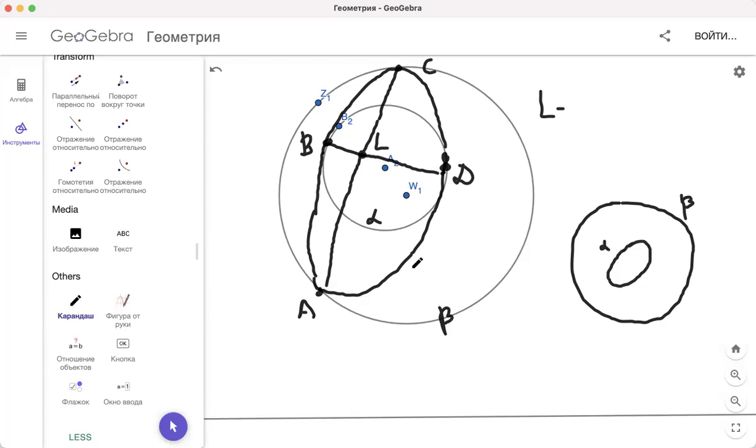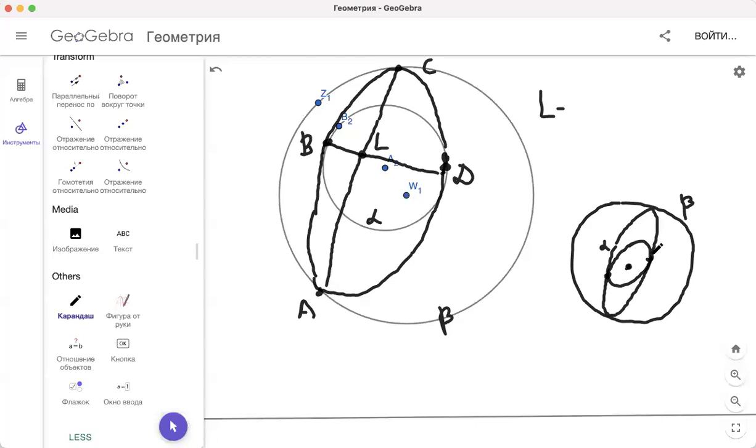Then the image of this ellipse will have a center coinciding with the center of both conics. So these two conics share the same center. An ellipse doubly tangent to these concentric conics is also concentric to them.